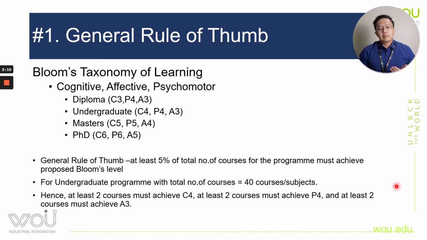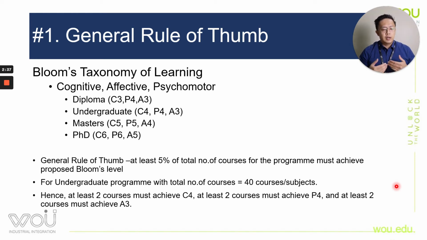The first rule of thumb is proposed by the MQA trainers that I have gone through before. I was told by the MQA trainer that we can follow this proposed Bloom level. For example, under the diploma, you should try to cover up to C3, P4, and A3.